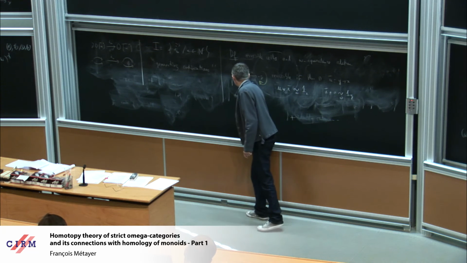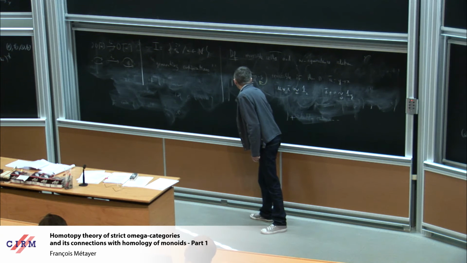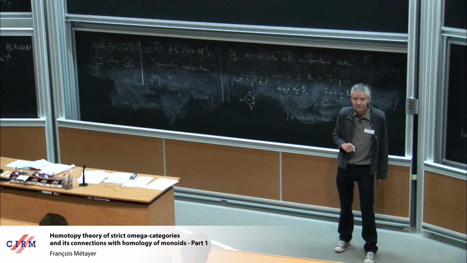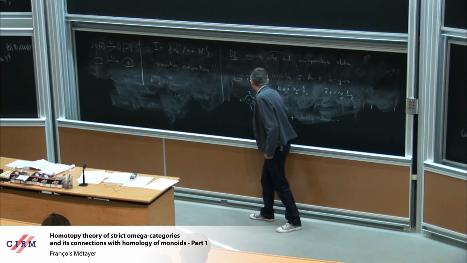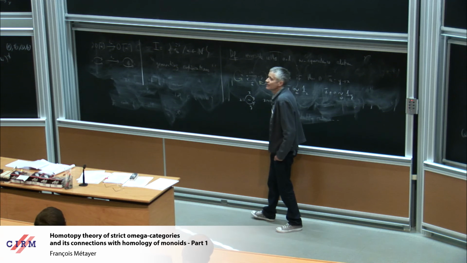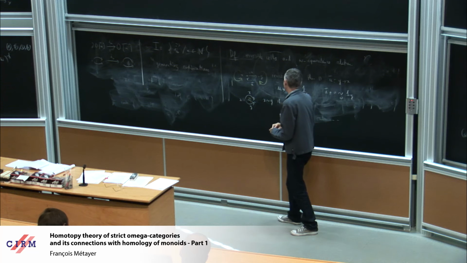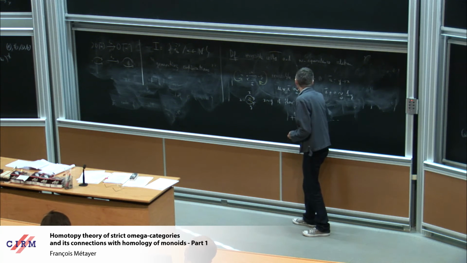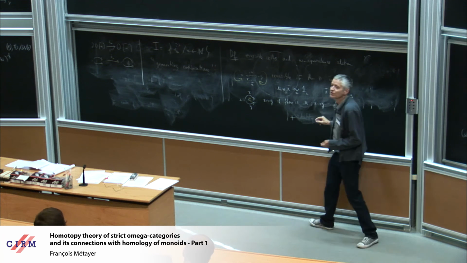Omega equivalent says that two parallel cells, X and Y, where parallel means same source and same target, are omega equivalent if there is a reversible cell U from X to Y. So this definition is not a joke.